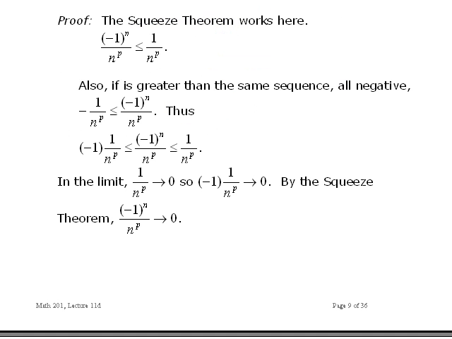Let's prove that. To prove it, we'll use the results for the p sequence, and we can use the squeeze theorem. Minus 1 to the n divided by n to the p is less than or equal to 1 over n to the p. It's pretty obvious that this is true for each term.